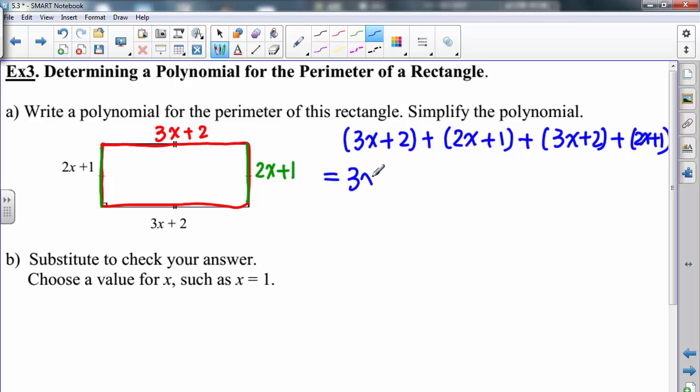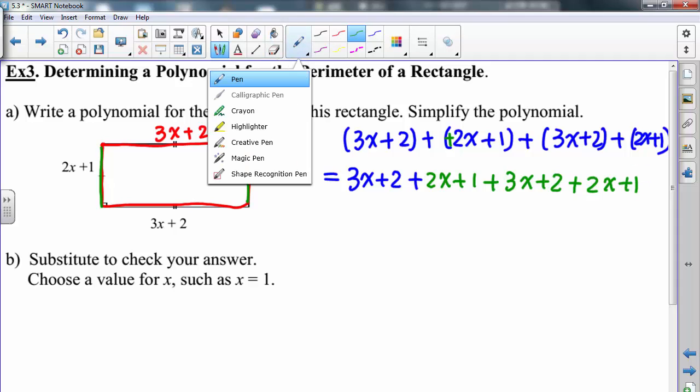It's 3x plus 2 plus, since this one has no sign, that means this one has a positive sign in front. Positive times positive becomes positive. So for the second polynomial, when I remove the brackets, I just put plus 2x plus 1. The same for the third polynomial, plus 3x plus 2 plus 2x plus 1.